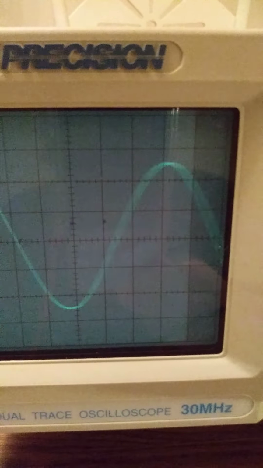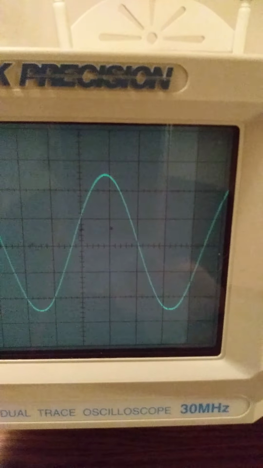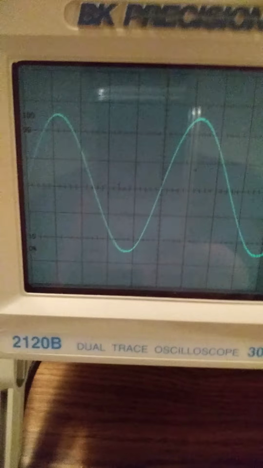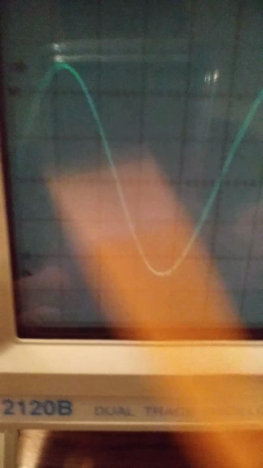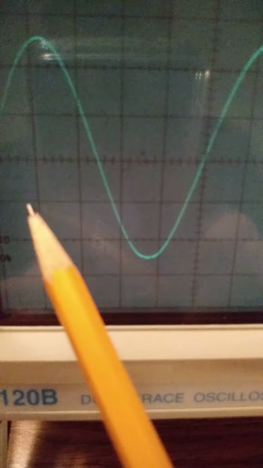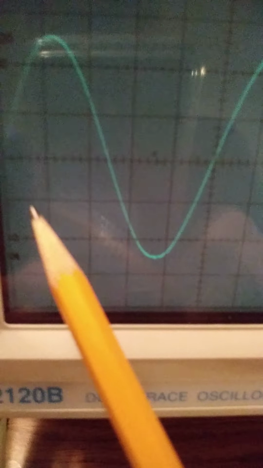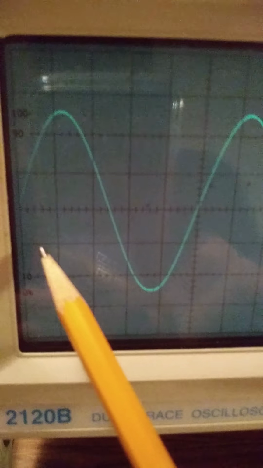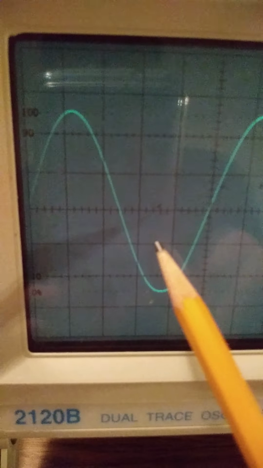So if I want to measure this period, I just have to count the number of squares horizontally for one complete waveform. So I got 1, 2, 3, 4, 5.